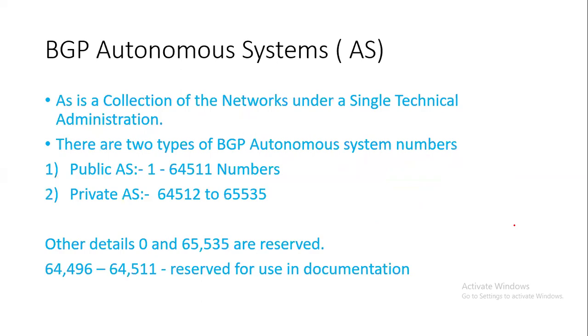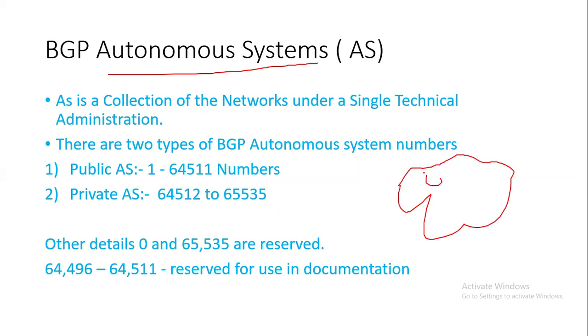Okay, now let's take an example. We'll focus on this AS. We already discussed in EIGRP what an AS number is and how it is defined. Let's take an example: if you have one AS and inside there are multiple routers connected to each other with multiple pathways, we can say that it is a single technical administration, that is the AS.